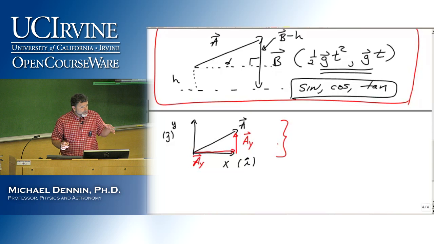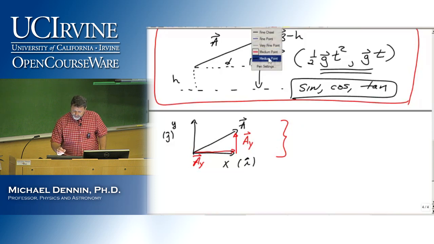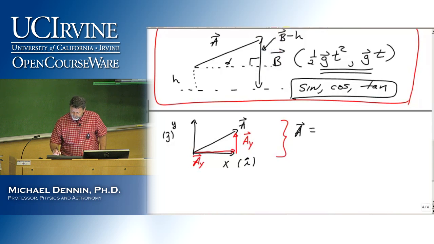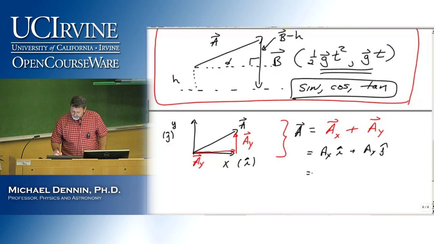Notice our components really are, strictly speaking, vectors. The vector A is the sum of two vectors, the vector in the x direction and the vector in the y direction. And we write these as AX times I hat plus AY times j hat, or we write them as a pair, AX, AY.